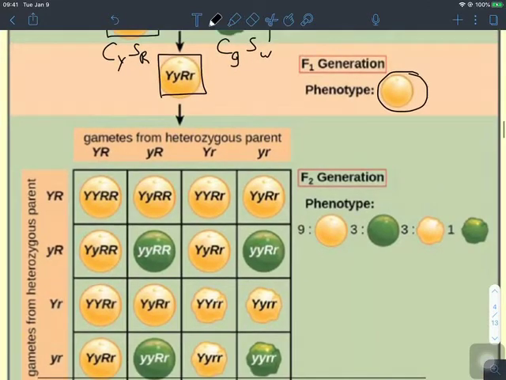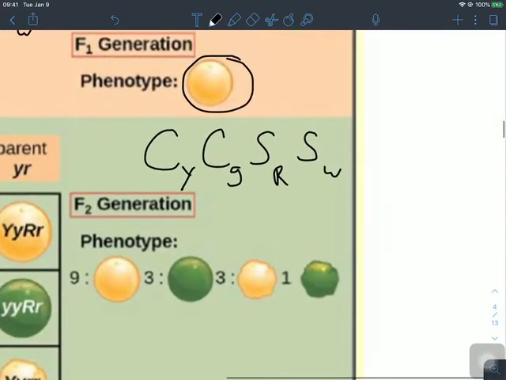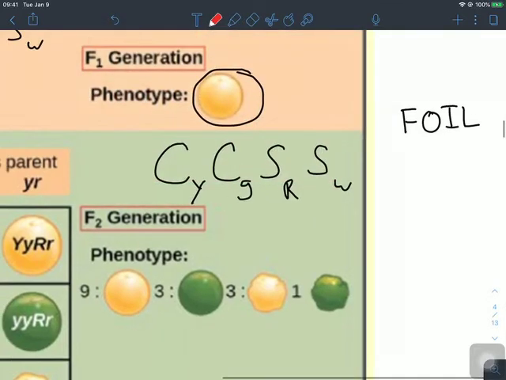So in the situation where you have color yellow, color green, shape round, shape wrinkled, you can use the FOIL rule to generate all of your different gametes. The FOIL rule states that you want to pair across your different genes, so you're never pairing a CY with a CG. That does not occur.